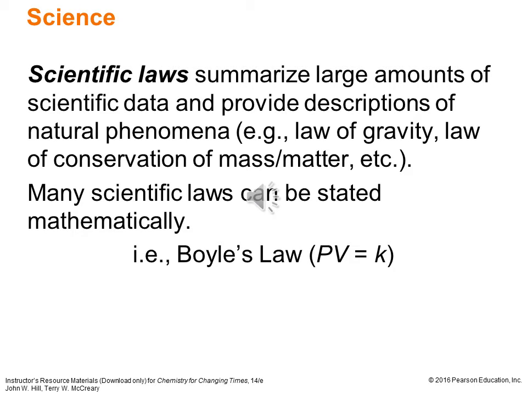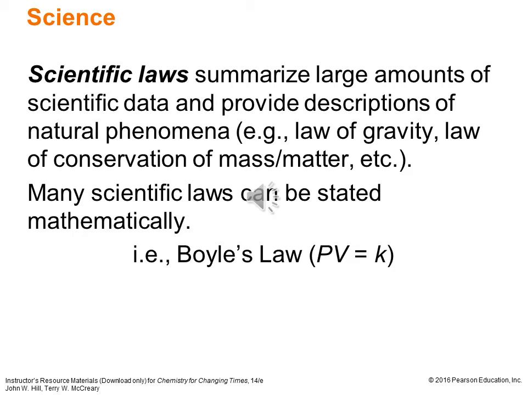Scientific laws and then scientific theories, as we'll talk about shortly, these are different than laws and theories in the legal sense. So a scientific law is a summary of large amounts of data and it provides descriptions of natural phenomena that have been reviewed usually by multiple scientists over multiple experiments.